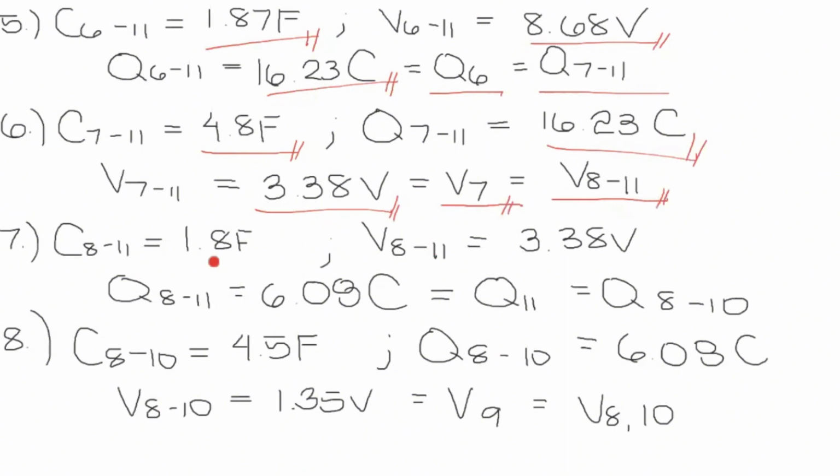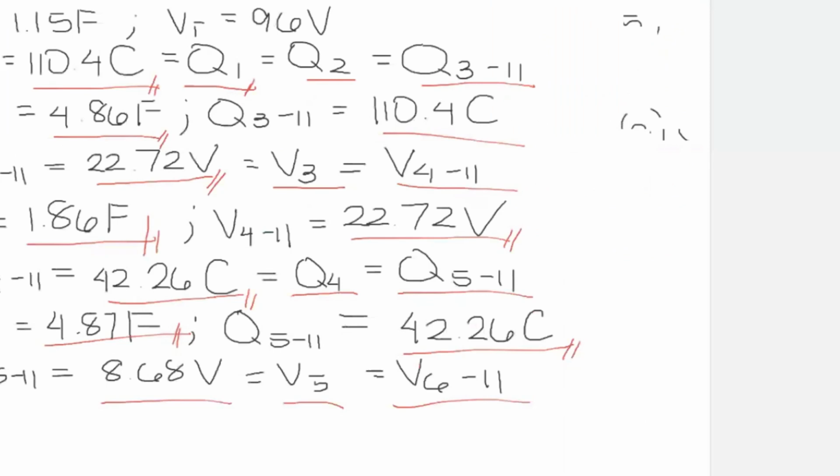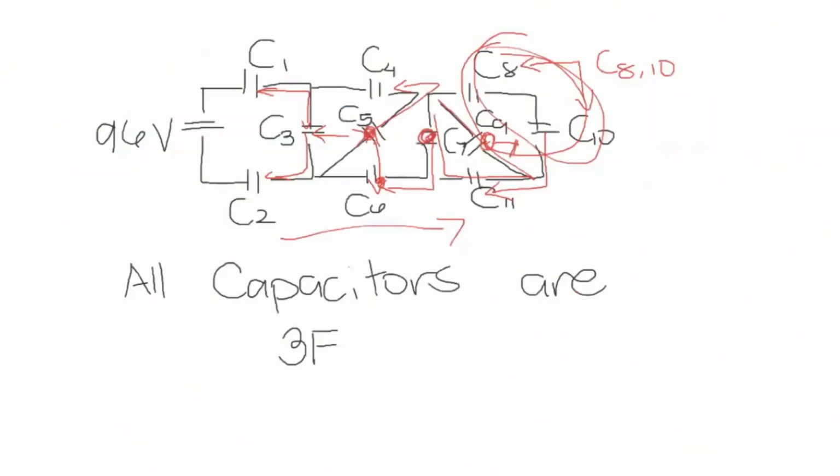So our C8 to 11 is equal to 1.8 farad, and our V8 to 11 from the previous solution is 3.38 volts. And the answer for that, if we multiply it together, is 6.08 coulombs, which is equal to our Q11 because in our FBD diagram, Q11 comes first before these two.